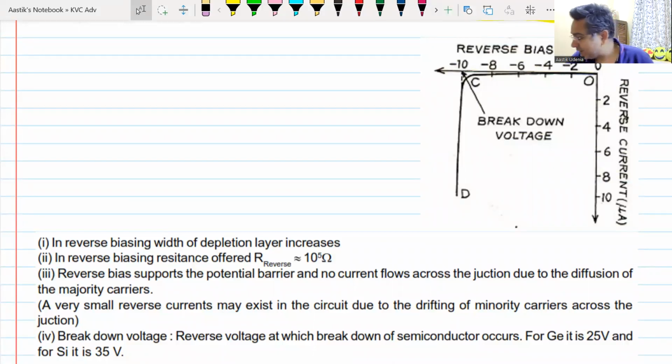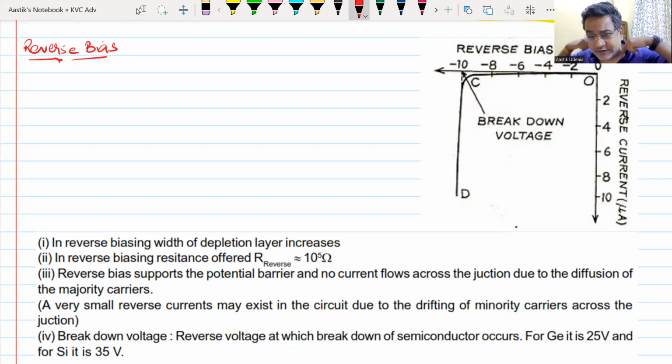Well done, sir. Then we look at the reverse bias characteristics. What do you mean by reverse bias characteristic? It is that we find out the value of current for different applied voltages.